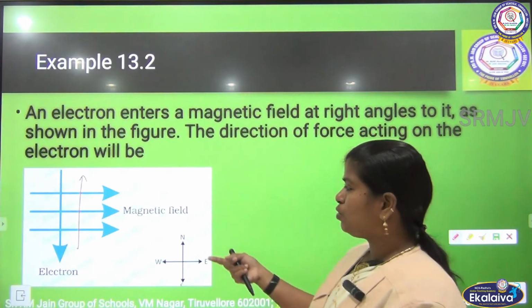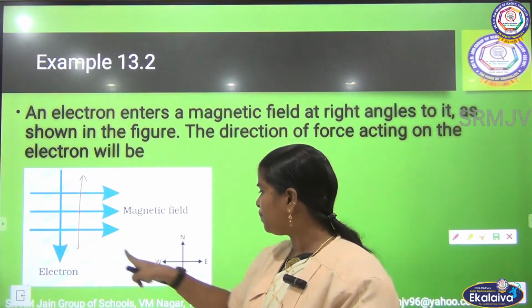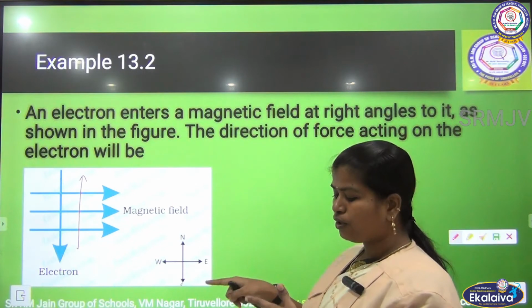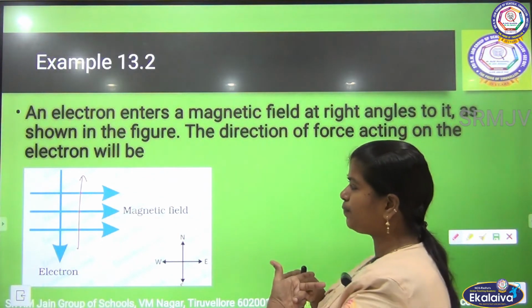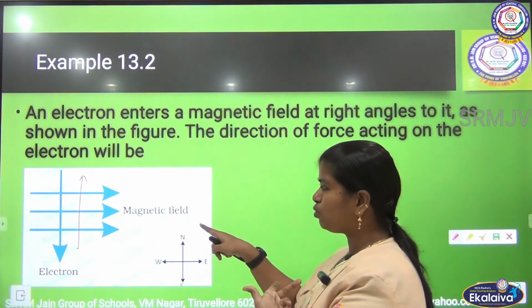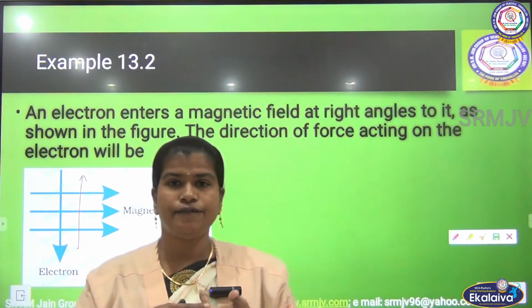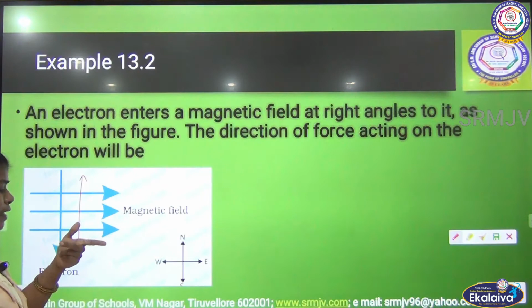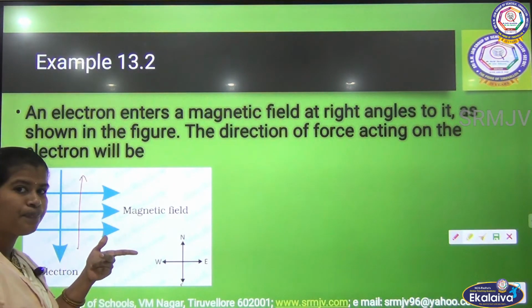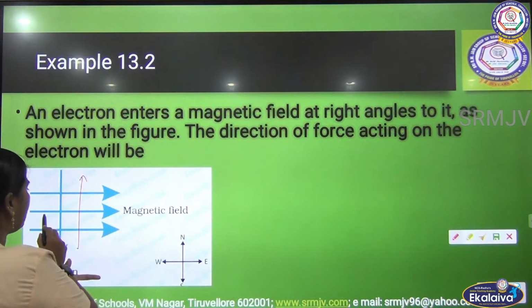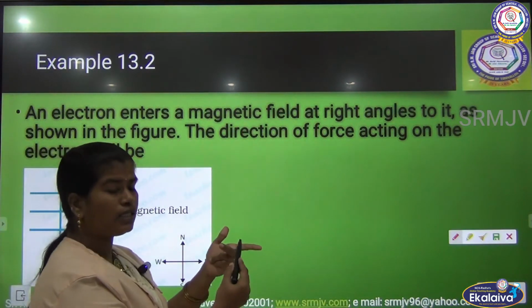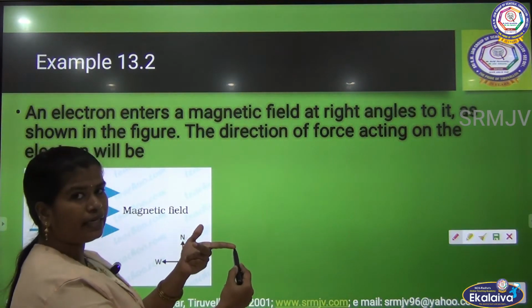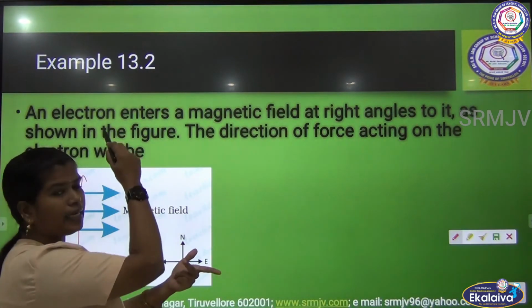The magnetic field is from west to east, so you have to keep your finger according to that, from here to here, and the current is vertically upward.